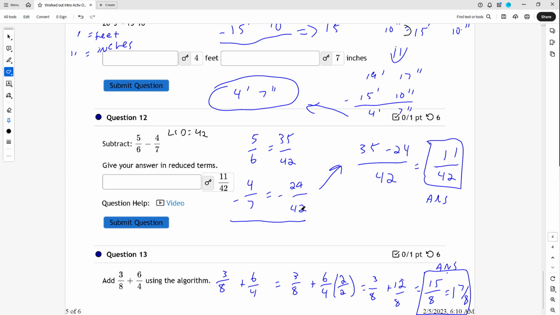So those are our equivalent fractions. They have the same denominator, so we can rewrite it. We have 35 minus 24 over 42, which is 11 over 42.